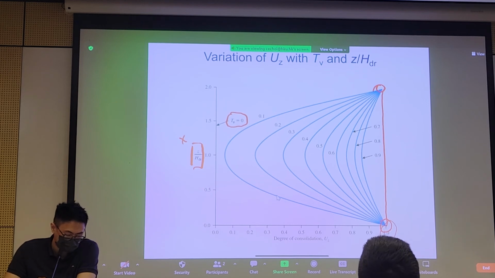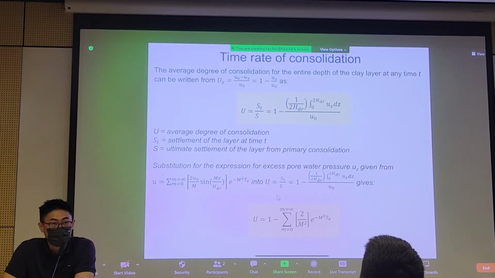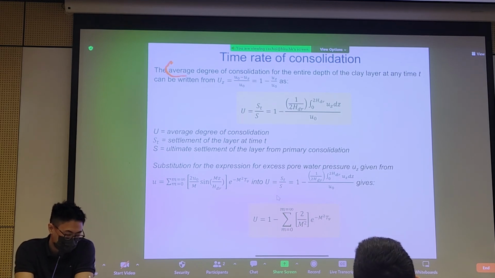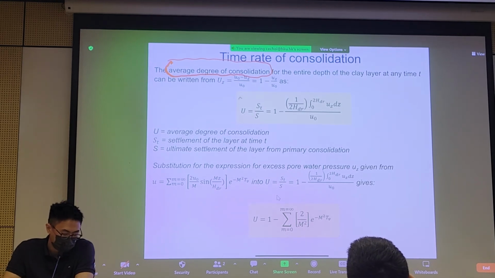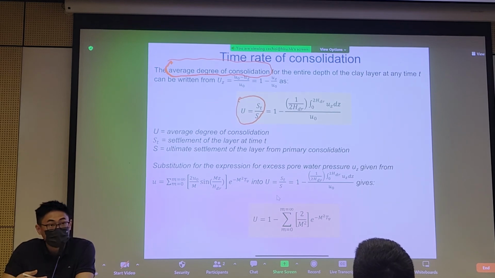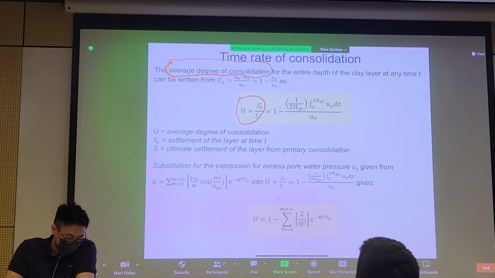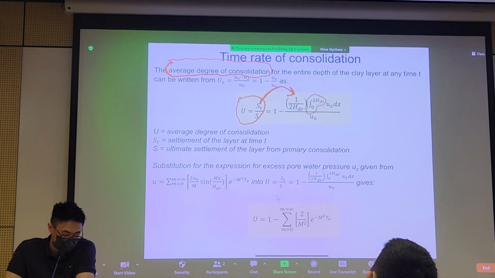Now, as I said, we're not as interested in per depth, right? We can calculate it per depth, but we're usually only interested in the average degree of consolidation. So how do we deal with that? Well, you know that degree of consolidation is related to the settlement we have at this time over the total settlement from primary consolidation. If you do that, then we can plug in the settlement equation, and we can integrate over the depth of the drainage layer, and this will give us an average degree of consolidation.